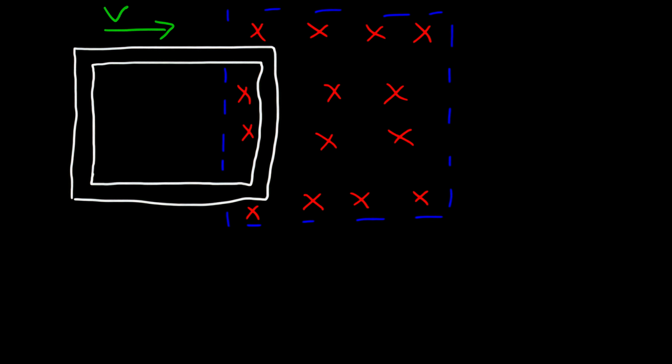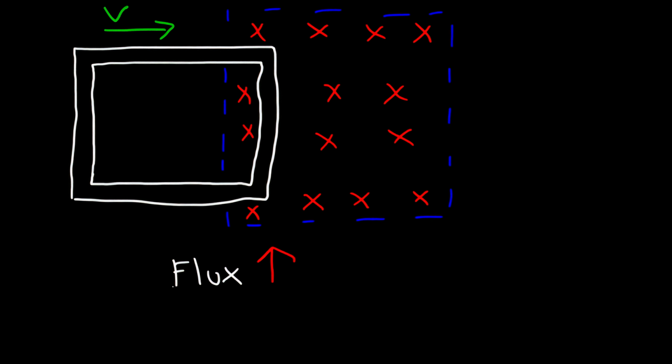Now, the magnetic field is not increasing or decreasing, it's constant. However, the area inside the rectangular loop that is exposed to the magnetic field is increasing. So therefore, we could say that the magnetic flux is increasing.